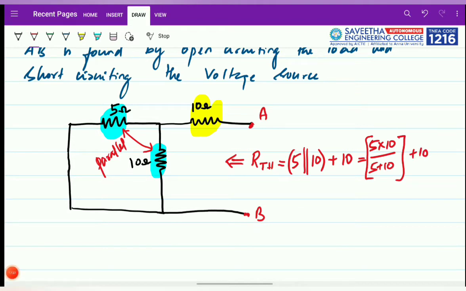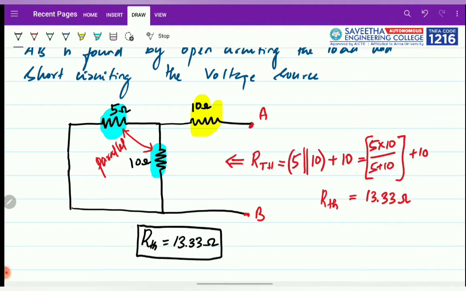When you calculate this, you will obtain the value as 13.33 ohms, which is the RTH value. So from this we are able to find the RTH value as 13.33 ohms. Got it? So this is the calculation of RTH.